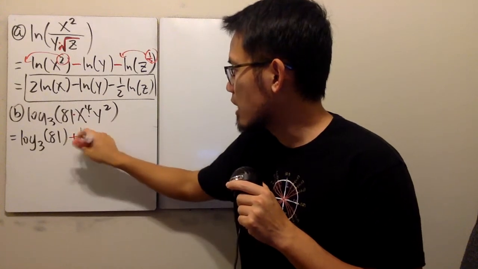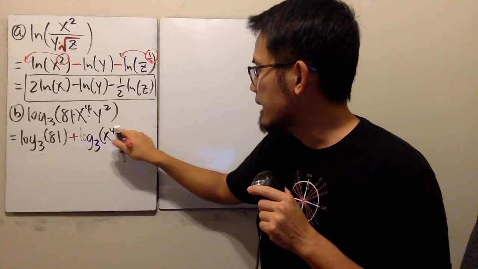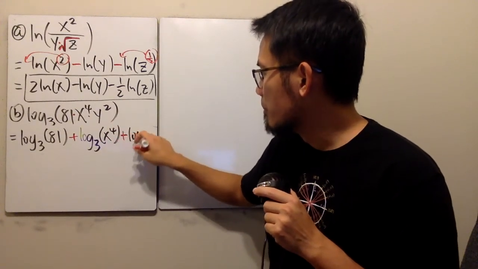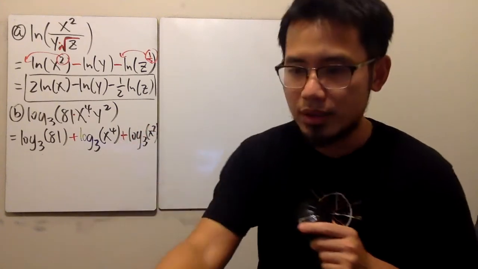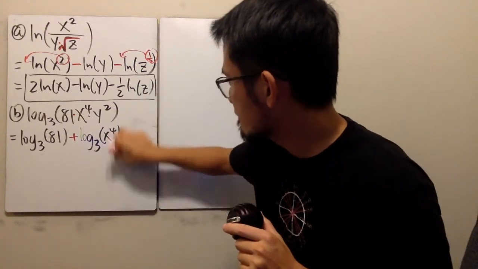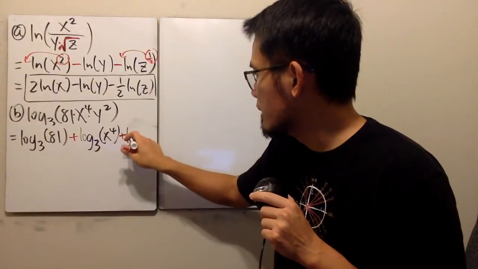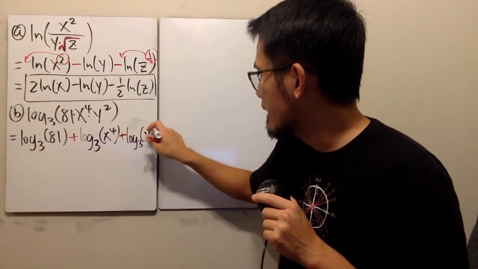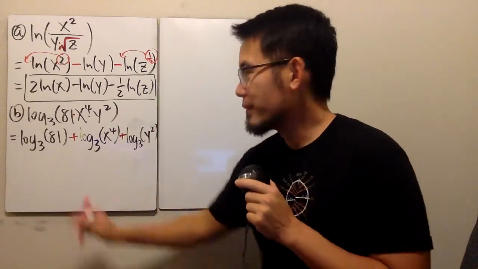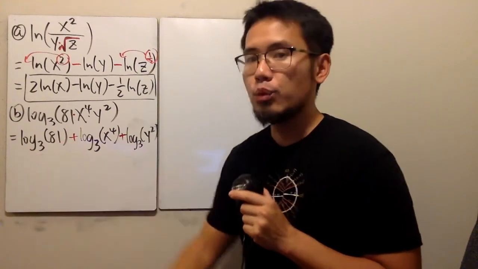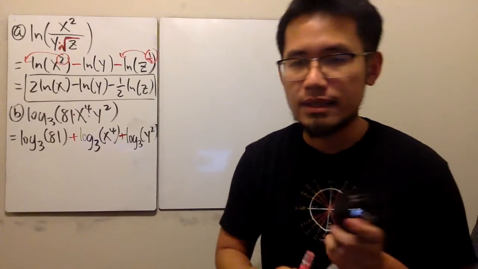The next one is log base 3 of x to the 4th power. And then we add log base 3 of y squared like that. Great. So let's see. First of all, how can we figure out log base 3 of 81? Well, this is the way that I think you guys will like.